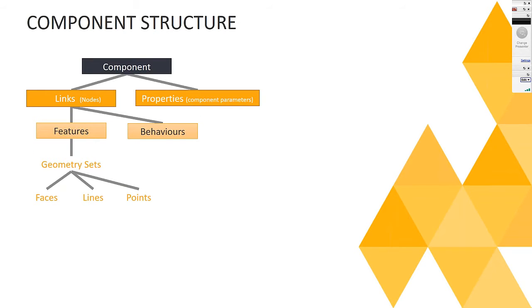Okay, first about the component structure. When we start to model new components, we need to first understand a little bit what's inside of a component, what's the internals of a component. Component is made out of links.